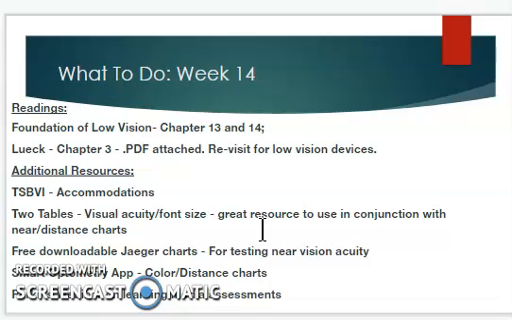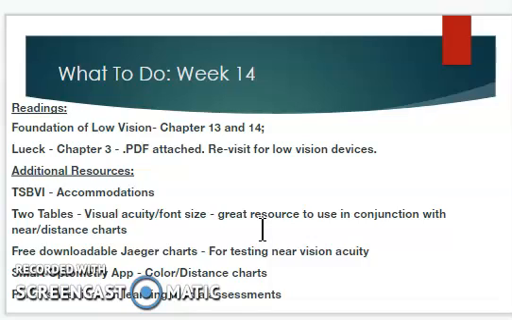And then there are two tables we've attached, which are basically a conversion from visual acuity to font size. After you conduct your functional vision assessment and go to an evaluation meeting, one of the most common questions you will get from a parent or a team member is what font size the student is able to see.